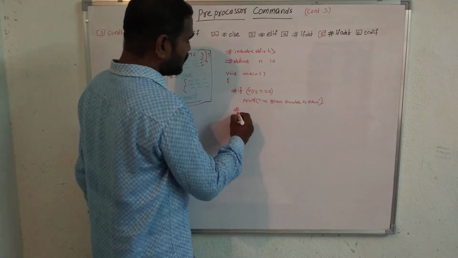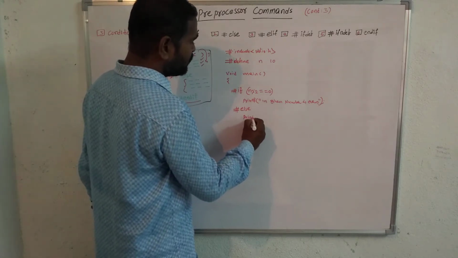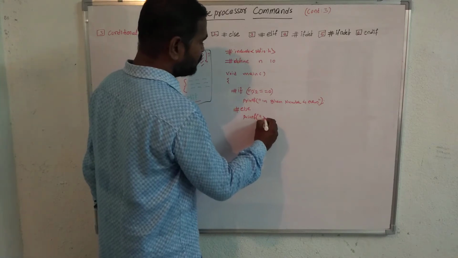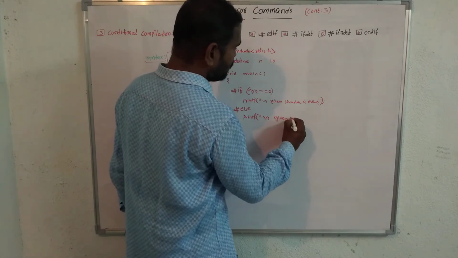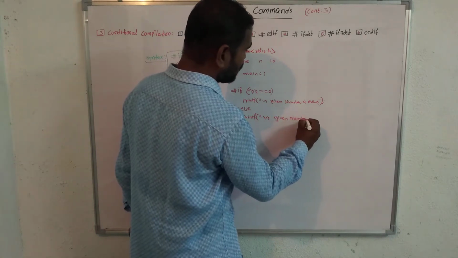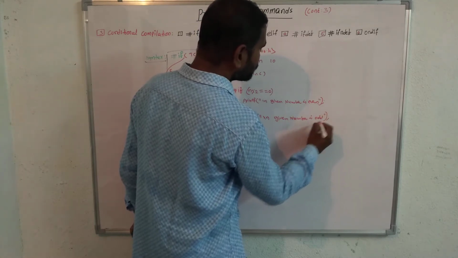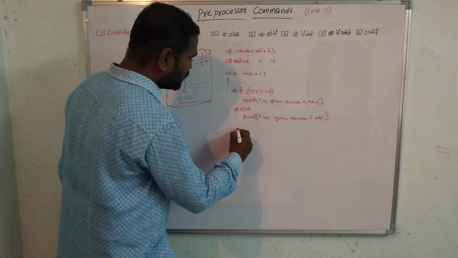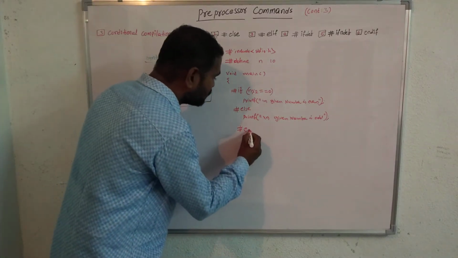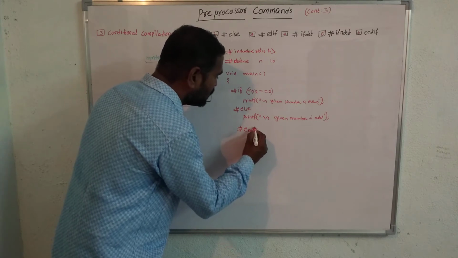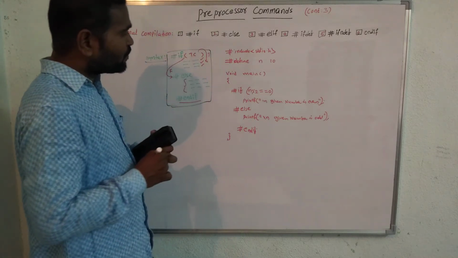Then #else, printf "\n given number is odd". After completion of this, you must mention the #endif statement. So this is the simple C program.